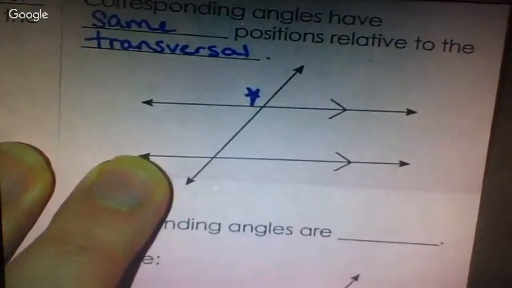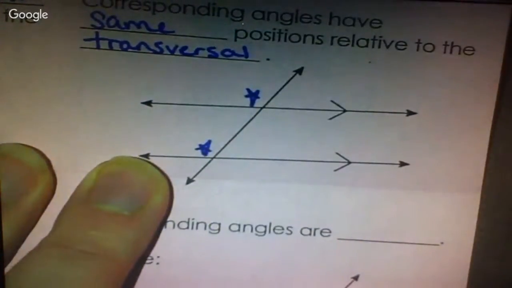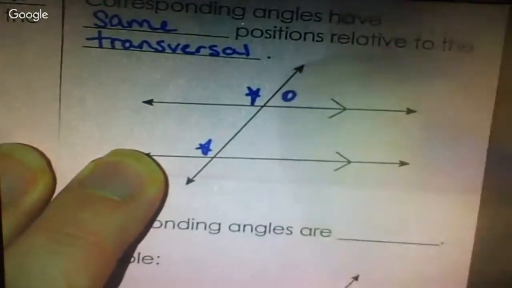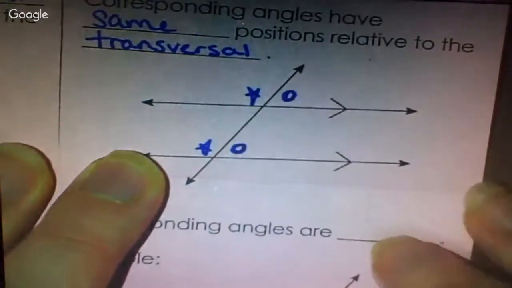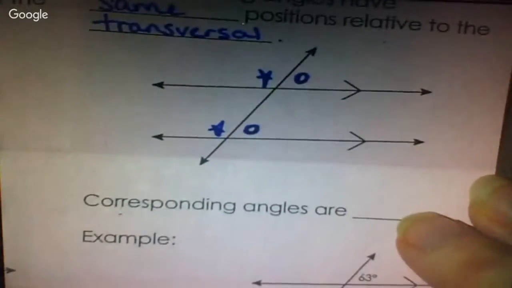So, again, if I do top left in this group, it corresponds to top left in this group. If I do top right in this group, it corresponds to top right in this group. I can also do bottom left and bottom left, and bottom right and bottom right.